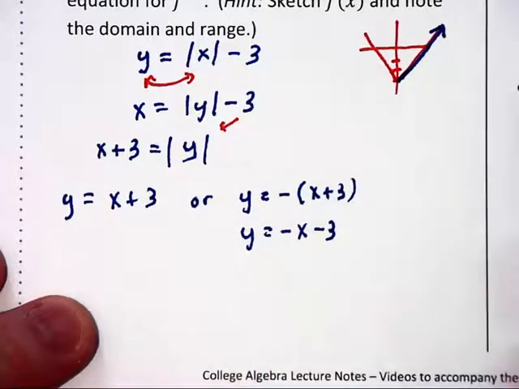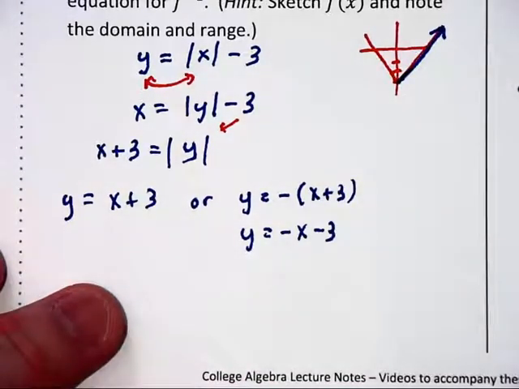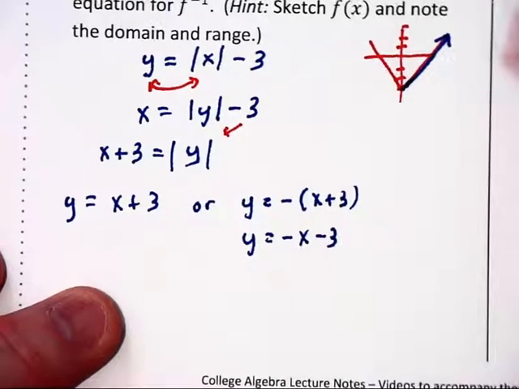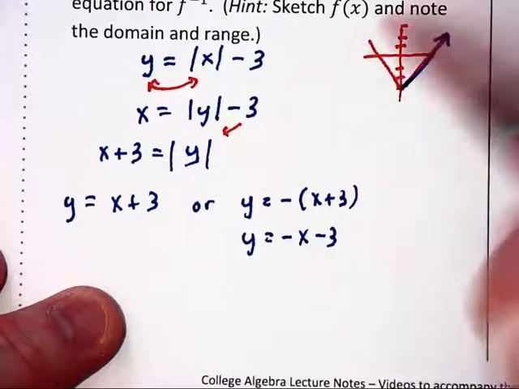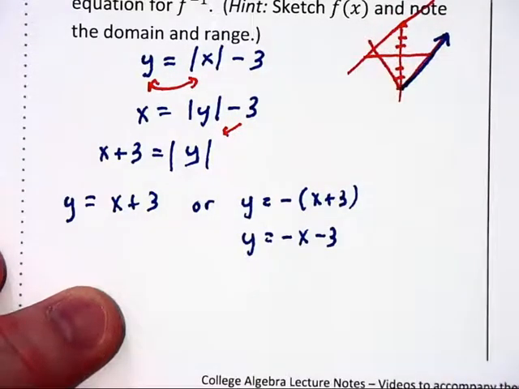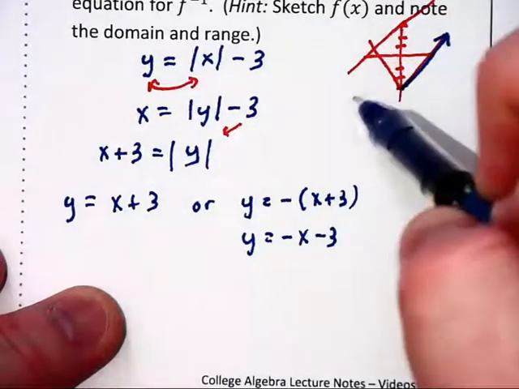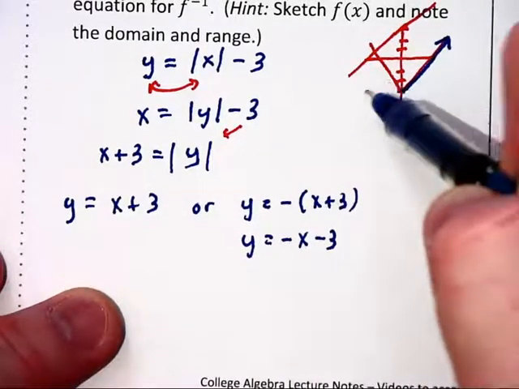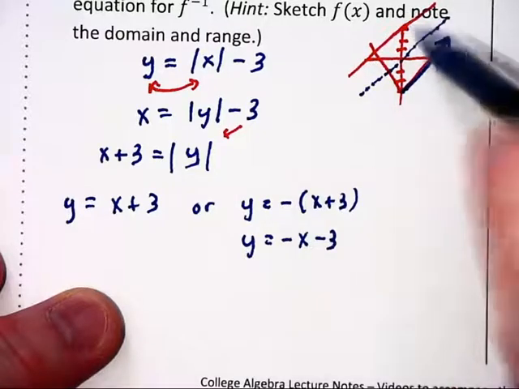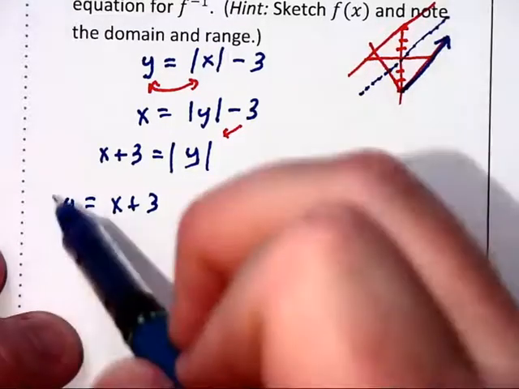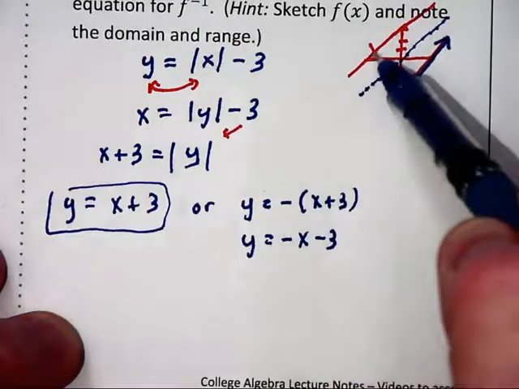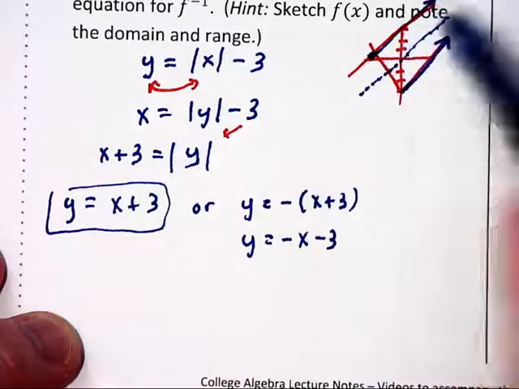If we look at y equals x plus 3, it would have a y-intercept of 3, and it would have a slope of 1, and it will go up from there and then back down from there. That is going to be a valid answer when we look at our graph, because when you look at this here, don't we have a mirror image on both sides? So we do like this right here, provided it only starts here at negative 3 and moves upward.